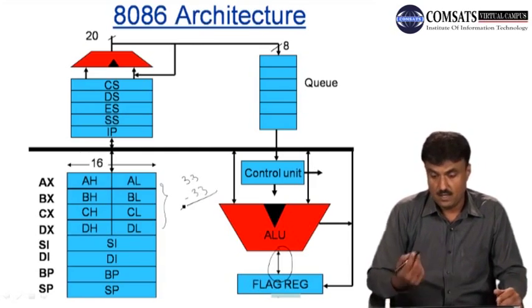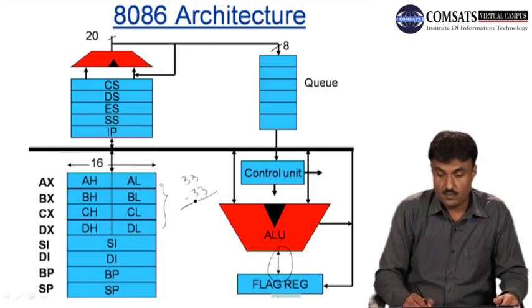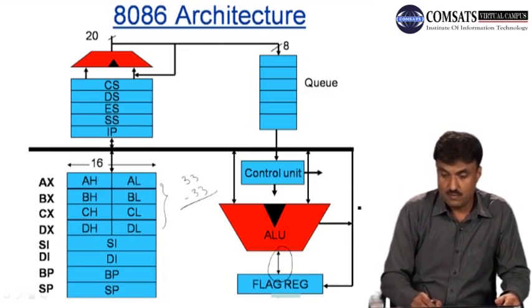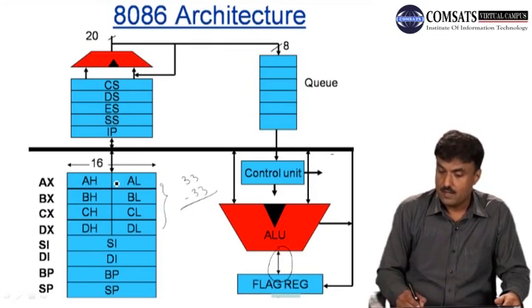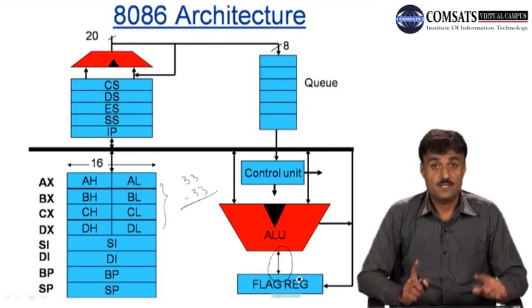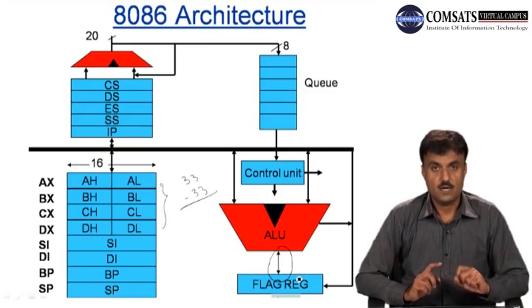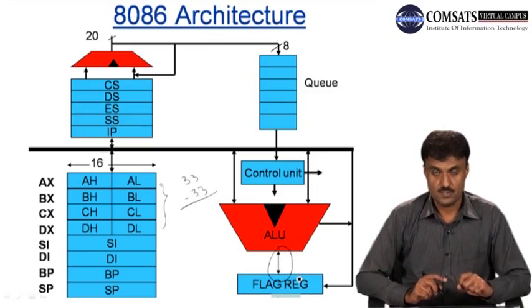The result will definitely be 0. Whatever the results of any operation, their values will be stored here in the arithmetic and logic unit. However, the flag register will store the status of each arithmetic or logical operation.